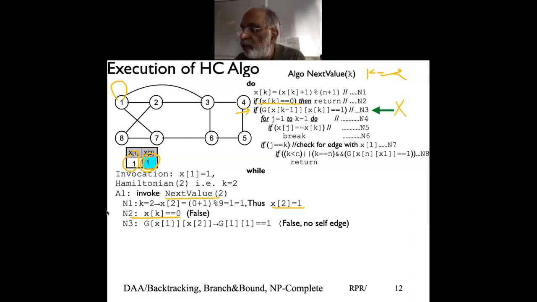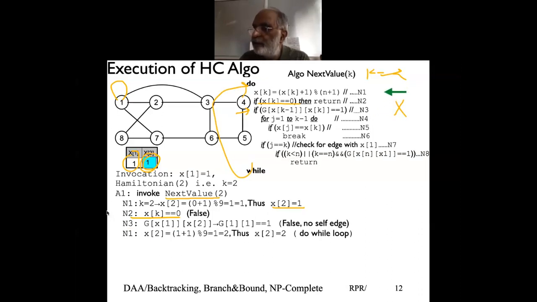If the condition is false, go back to the while loop all over again. We increase xk: x2 was 1, so (1 plus 1) mod (n plus 1), and my n is 8, so x2 becomes 2 now. Is x2 equal to 0? No, because x2 is equal to 2.